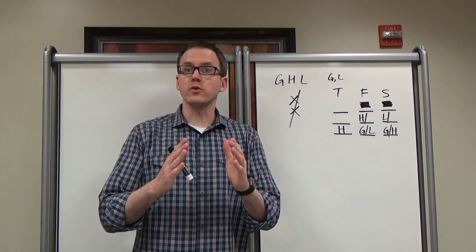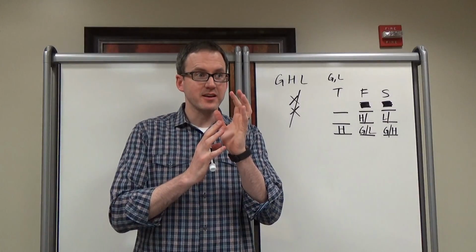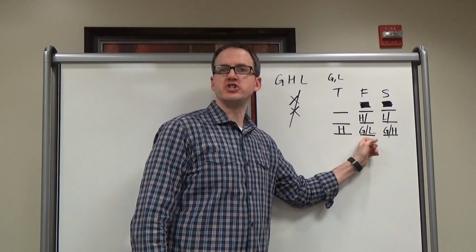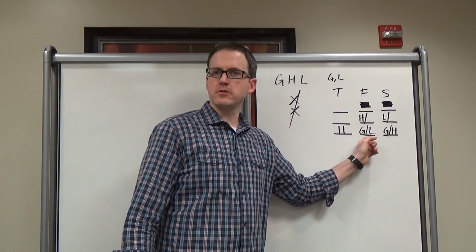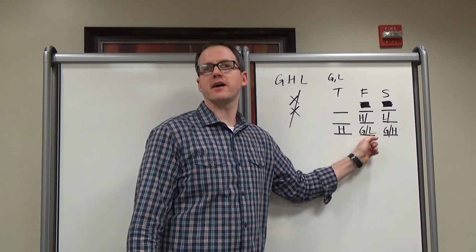If you knew that 0 or 3 was in that middle slot, then you could make another inference. If you know that this is G, the only thing you know is something that you already know, and that is that L cannot go here.